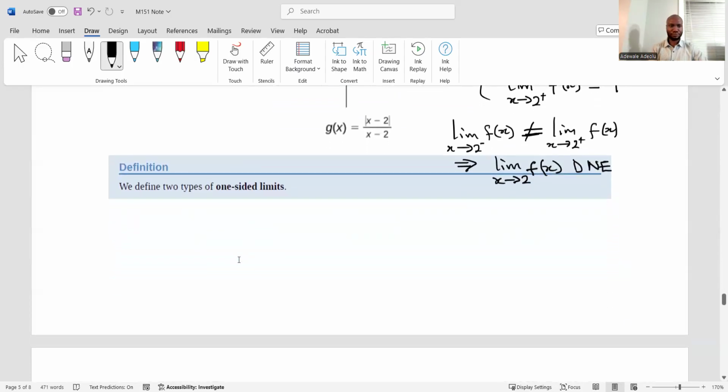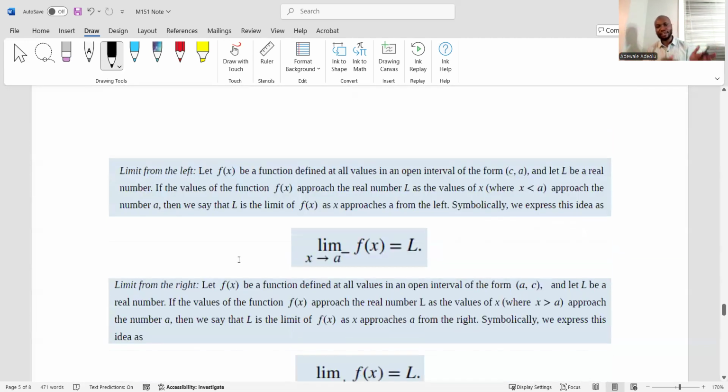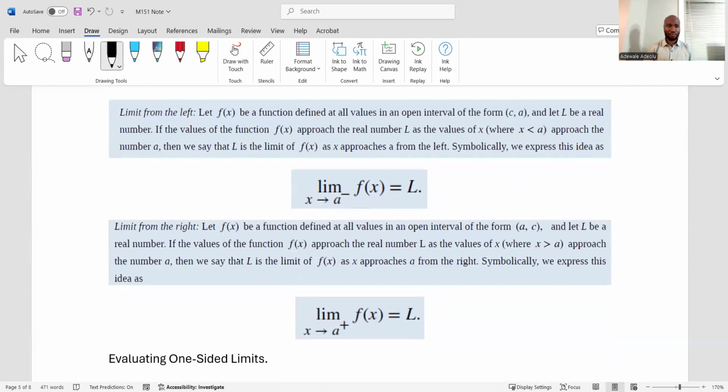Moving on. We define two types of one-sided limits, limits from the left and limits from the right, which is exactly what I've explained here. So you can pause this video and read all this. That is exactly what I explained here. Please, the sign you have here is just telling you the direction, because sometimes you can have something like x goes to, let's say, -2.